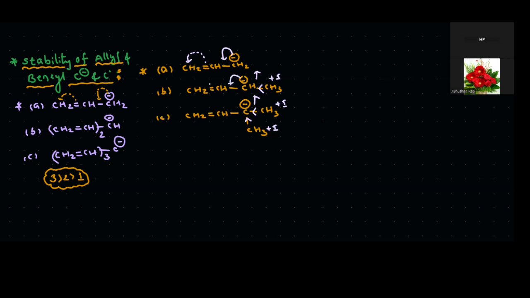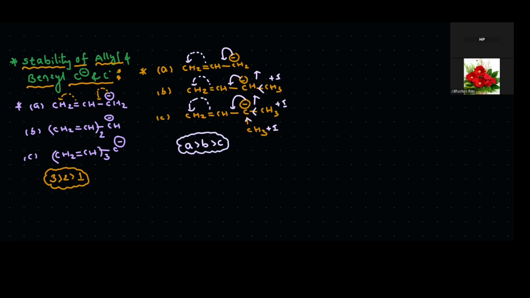Resonance is common in all cases, but electron releasing plus I groups increase the density more, so stability decreases. Which one is more stable in these three? A is more stable than B, and B is more stable than C. So the order is A greater than B greater than C. These are the stabilities of the given compounds.